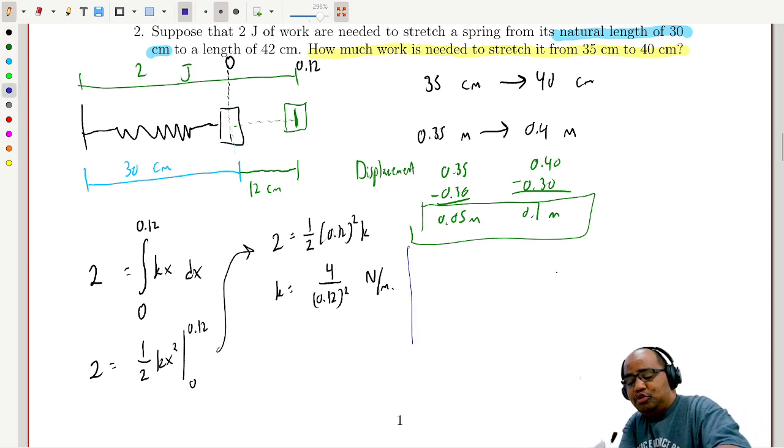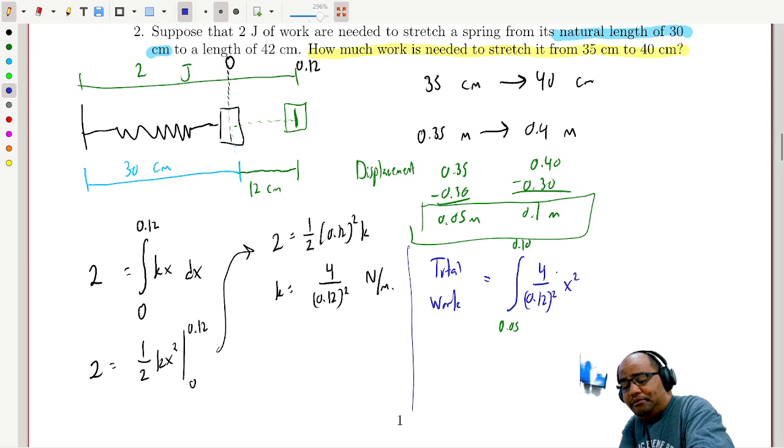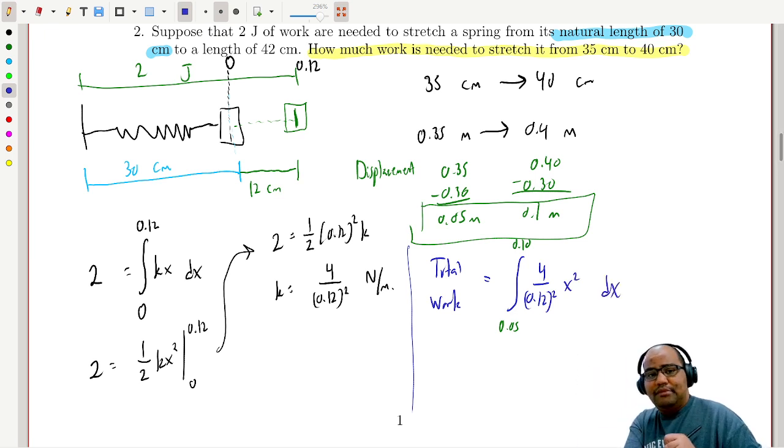So now let's go ahead and find the total work done. So the total work here, the amount of energy in our system, we're going to integrate in this green region here from 0.05 to 0.1. We're going to integrate our force function here, which is k, that funny looking number there, times x dx.